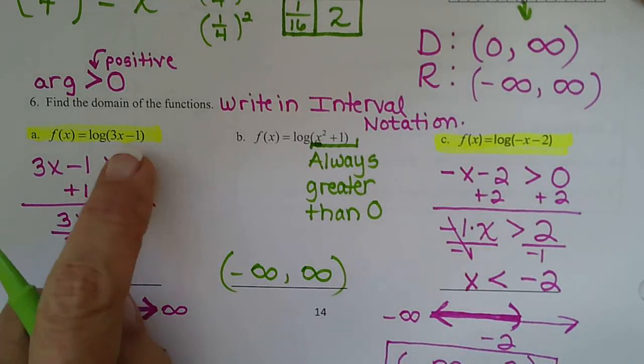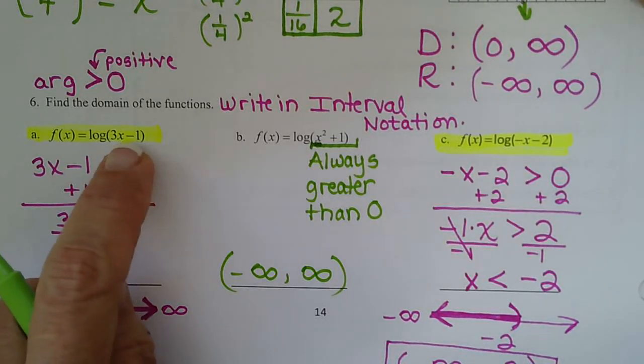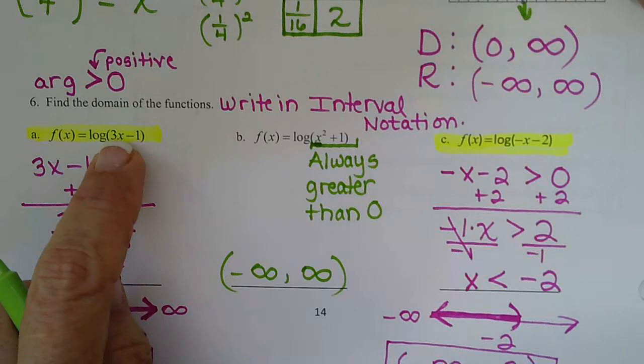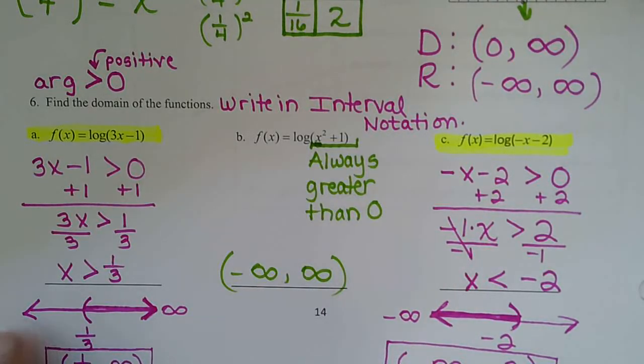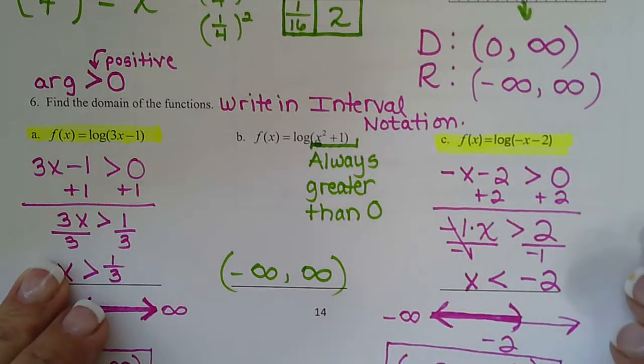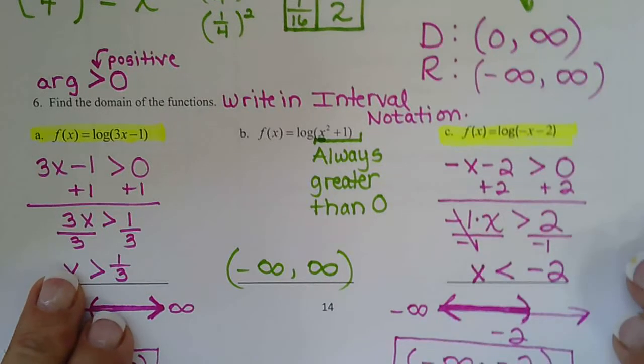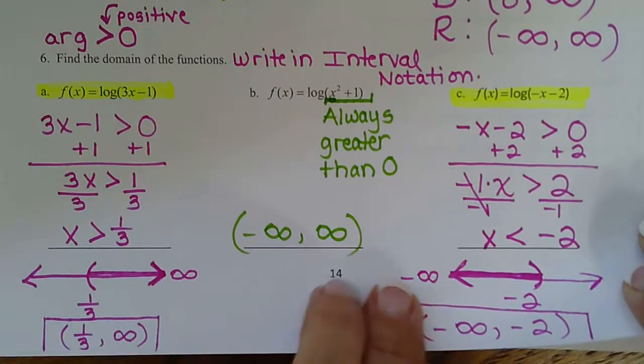And those are the two things that we can't have. We can't have a negative in there, and we can't have 0. And there's no way to make that 0 or a negative no matter what you plug in. Unless, of course, it's an imaginary number, but we are not working with imaginaries. Okay, last page.